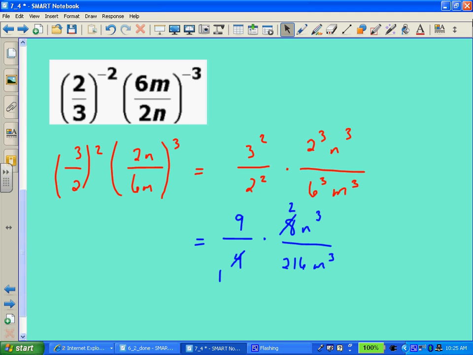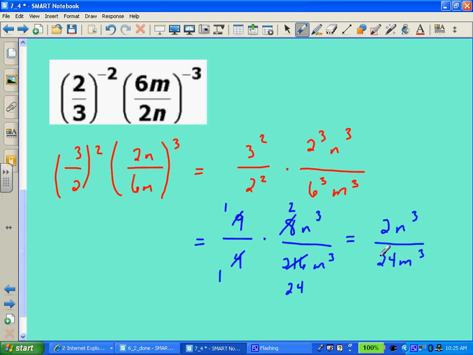Actually, 9 probably goes in there too. 9's going to go in there 24 times. So we could actually make this 9 a 1 and this 216 a 24. Okay, so then I'm going to end up with 2 n to the 3rd over 24 m to the 3rd.